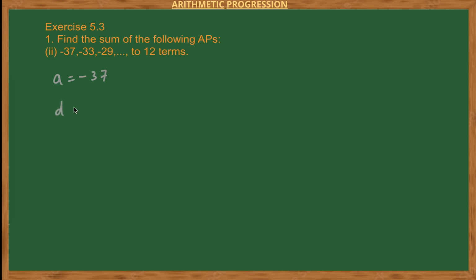D is given as minus 33 minus of minus 37, which becomes plus 4. And n is equal to 12, so it's asking for S12.